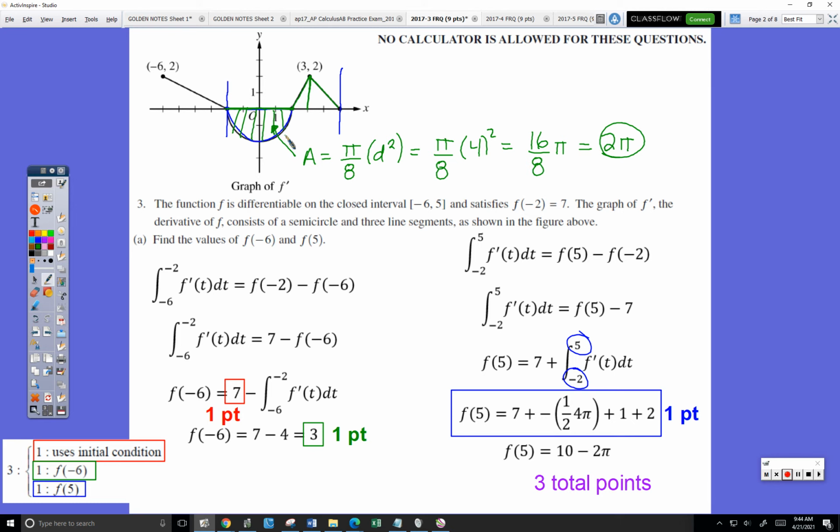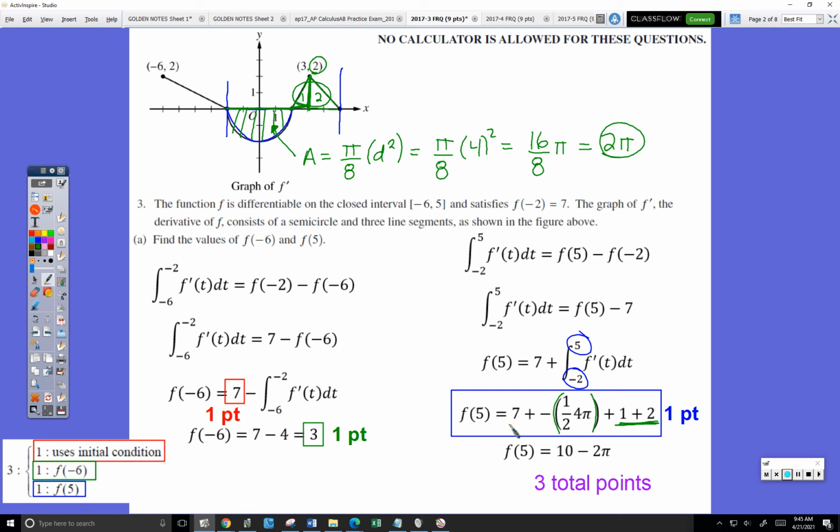The area here, this is 1 wide by 2 high. 1 times 2 is 2, half of that is 1. Then 2 times 2 is 4, half of that is 2. So this area is 3. There I have the 3. The area of the semicircle is this, which again is simply 2 pi.